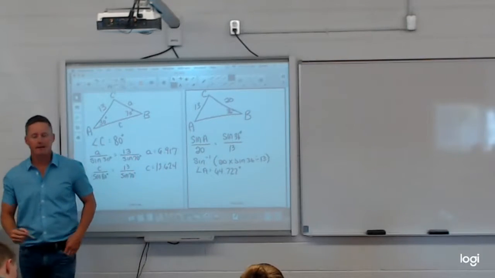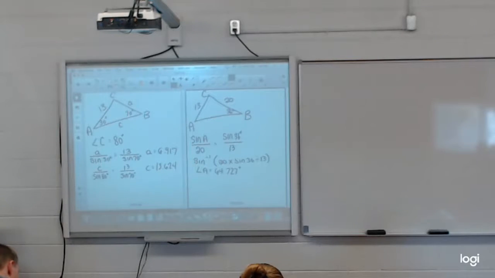Okay? Who does not have it working on their calculator? You've got to tell me when it's not working so that I can look at your calculator. What did you put in your calculator? I put in 20 times sine 36 divided by 13, but it didn't work for me.